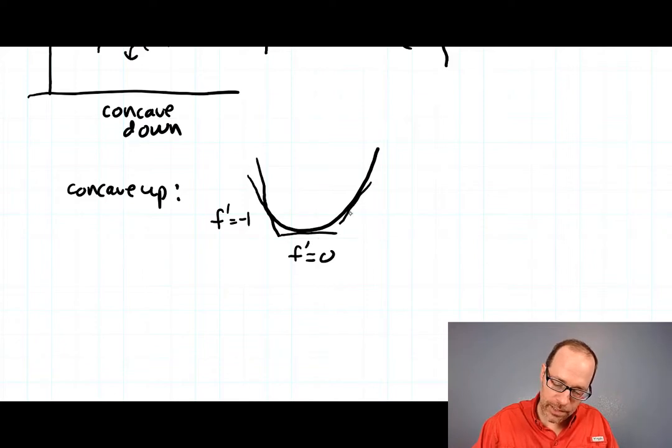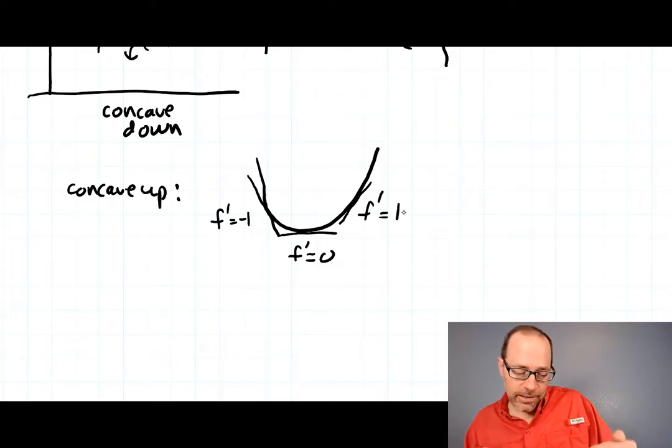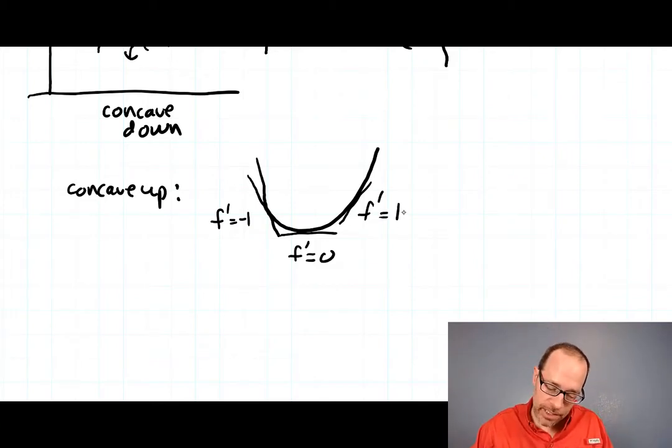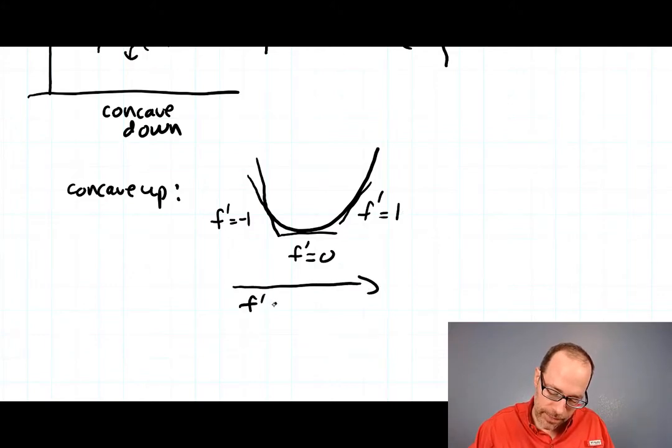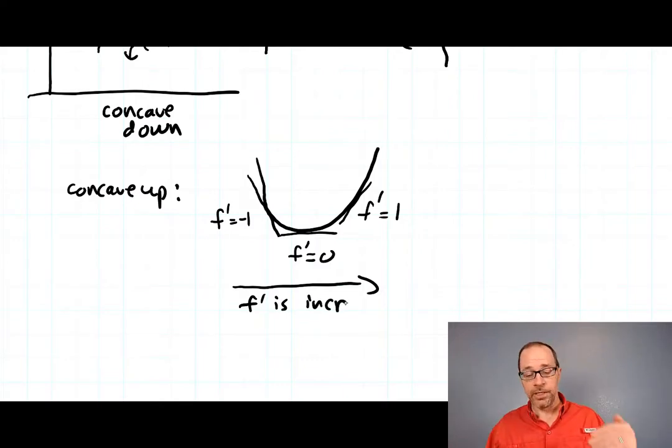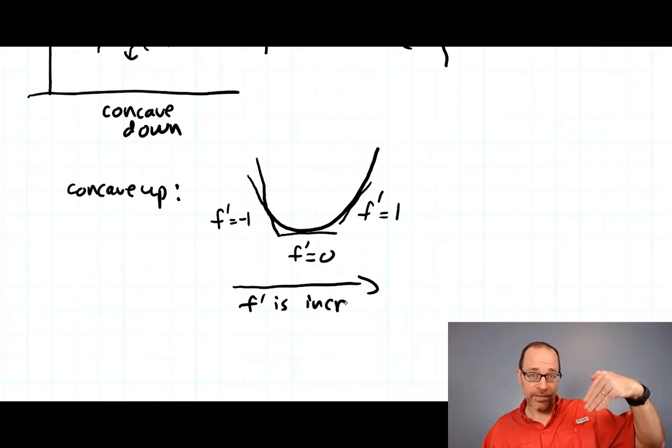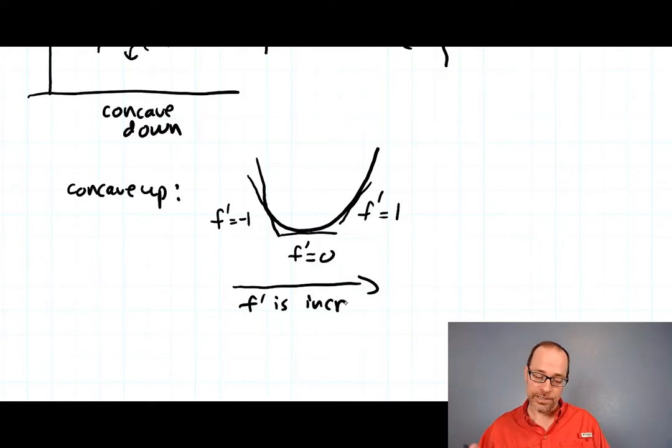And when you get over here, the derivative is pointing up, and it looks about 1. And as you see, concave up is really just meaning that the derivative, f prime, is increasing. That's the real definition of concave up, that the derivative is increasing.